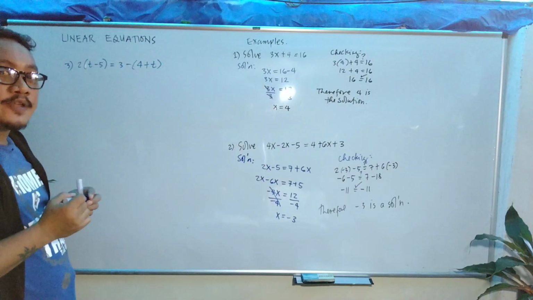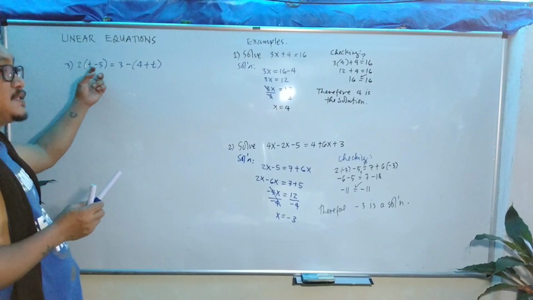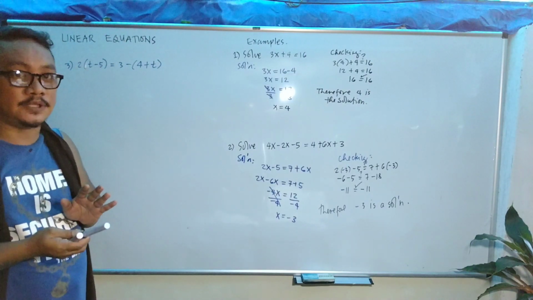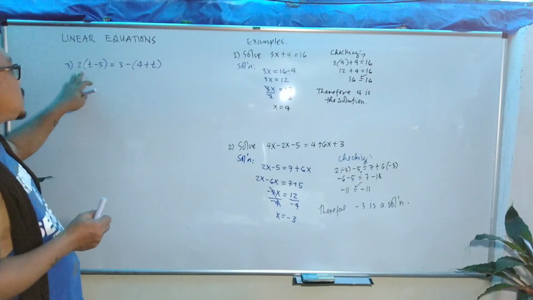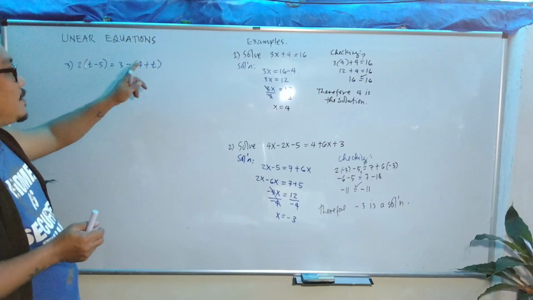Okay. Now, in our example number 3 class, the variable involved here is t. So, meaning to say, we will solve for the variable t. Okay. So, in number 3, you are given 2 times t minus 5 is equal to 3 minus 4 plus t.